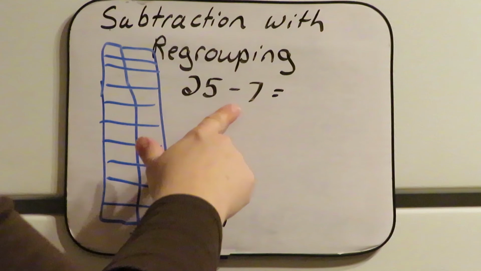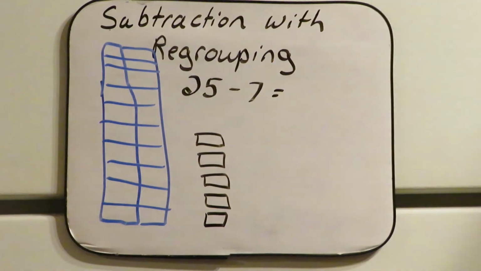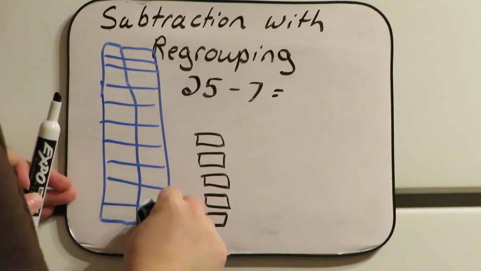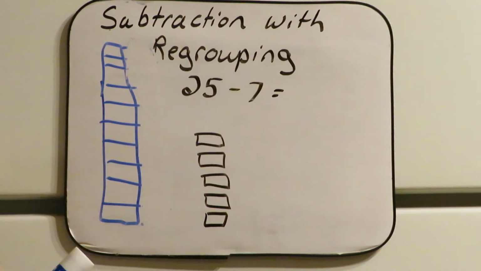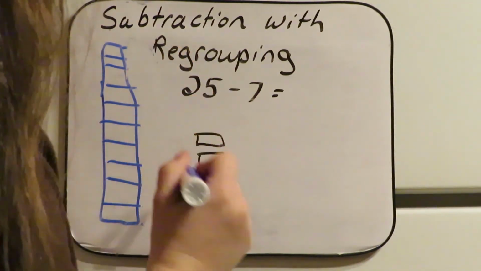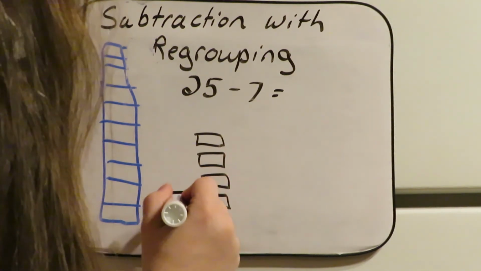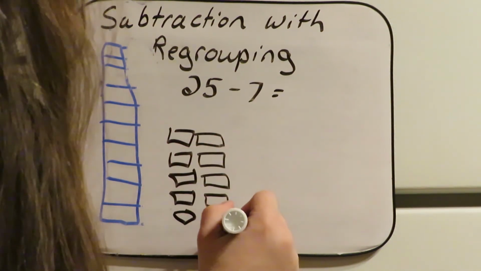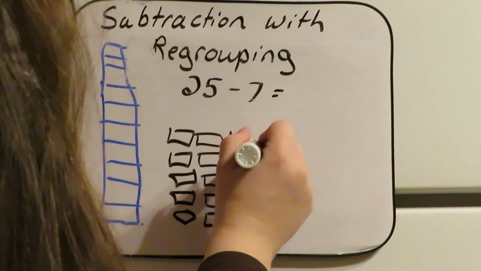So, we need to subtract 7, and there are not 7. What do we do? So we take this column of 10 and we make it into 10 ones. 1, 2, 3, 4, 5, 6, 7, 8, 9, 10.